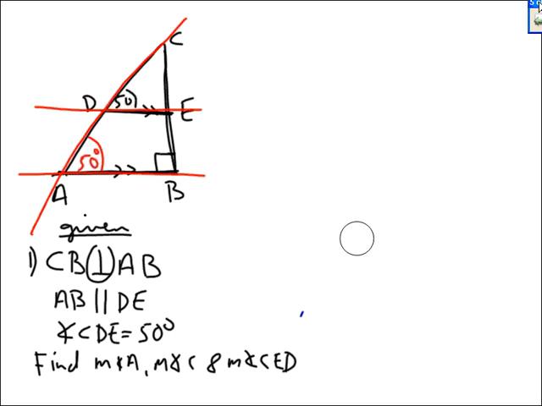Okay. Now, at this point, we found the measure of angle A. Well, what is the measure of angle C? Well, just because someone comes along and draws a line through a triangle, that doesn't mean that stuff that you know about the triangle goes out the window.